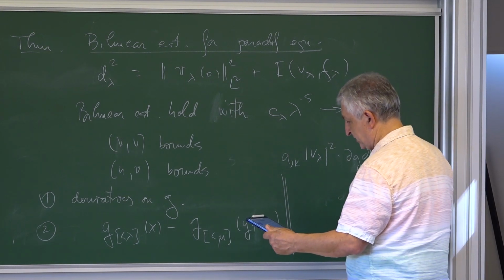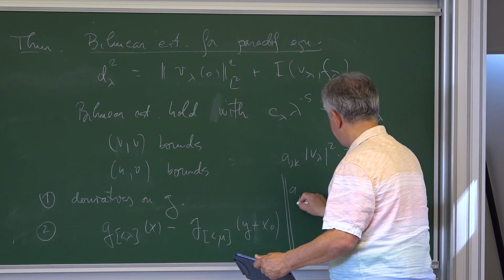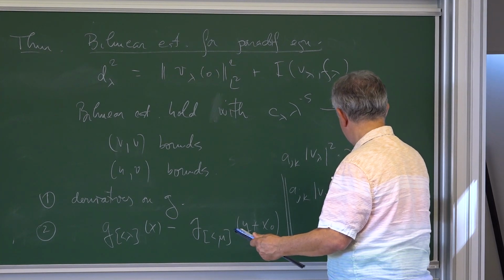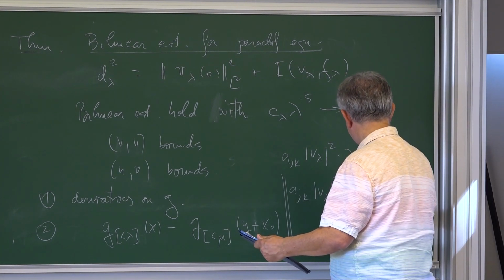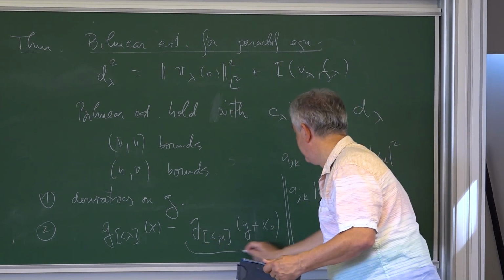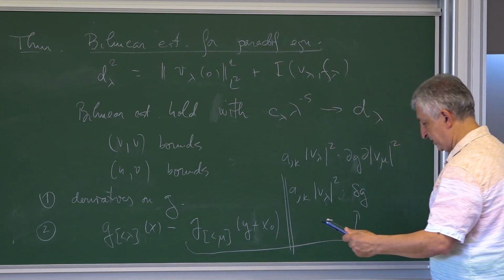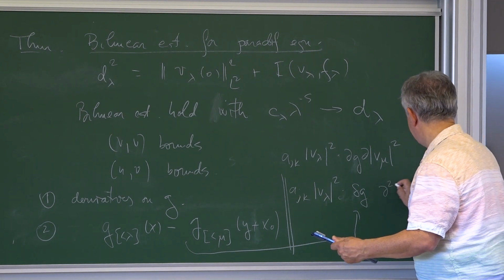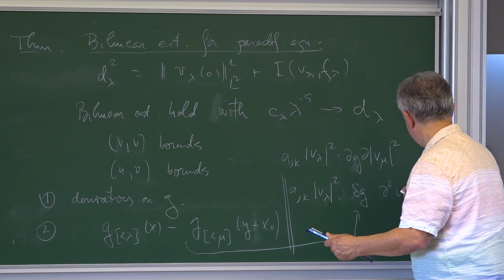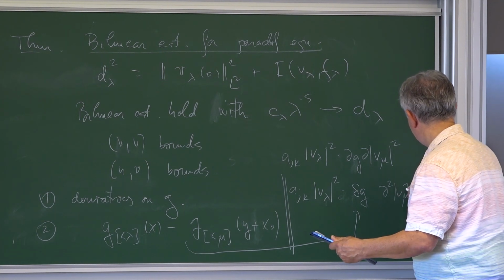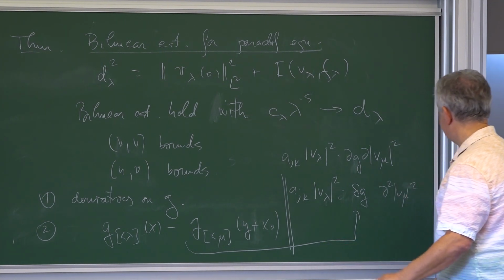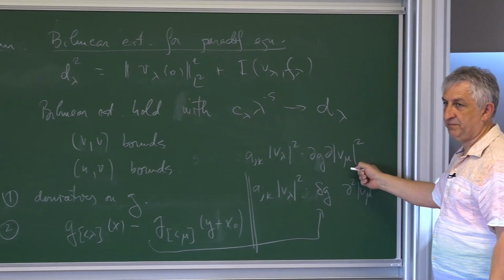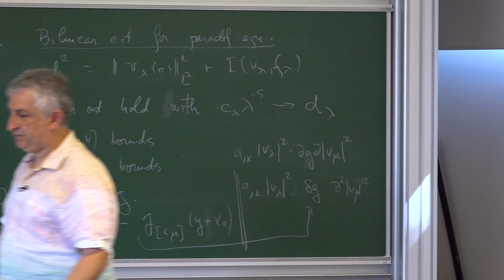And then you have terms that look like ajk times v lambda square times, let's call this expression delta g that comes from here, so that it fits on this board. And then you have maybe two derivatives of v mu square. So this is something like you might see in the E's, and this is something like you might see in the P's over there.